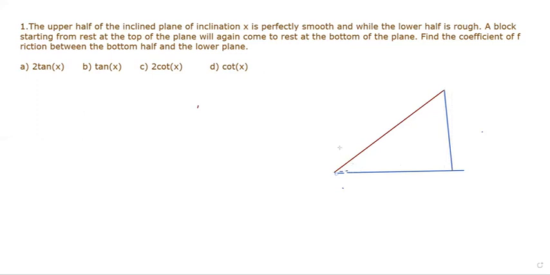So now let's see what happens. It says that it's at an angle of theta. I could not write theta over here, so I have written x, no problem. It's theta that is given. And then they said that the upper half, that means this entire length, let me draw this entire length.